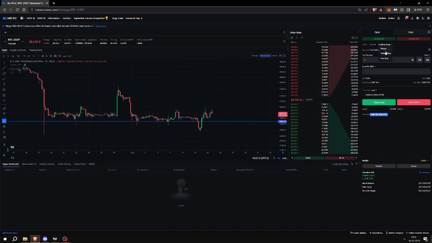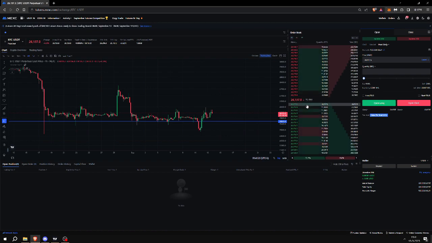And then we have a post only order. This is basically a limit order, but it only will ever fill as a maker order. So I can set this wherever I want, right?